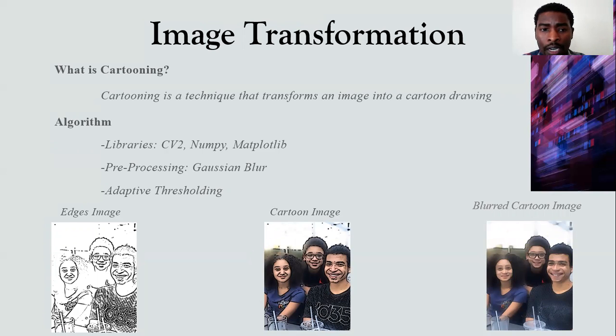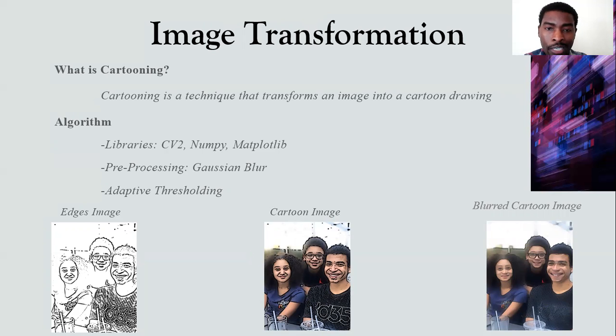So for the algorithm itself, the libraries I imported were CV2, NumPy, Matplotlib. And for this particular process, I did do some pre-processing. Specifically, I did a Gaussian blur. In doing the Gaussian blur, basically the pixels nearest the center of the kernel are given more weight than those far away from the center.